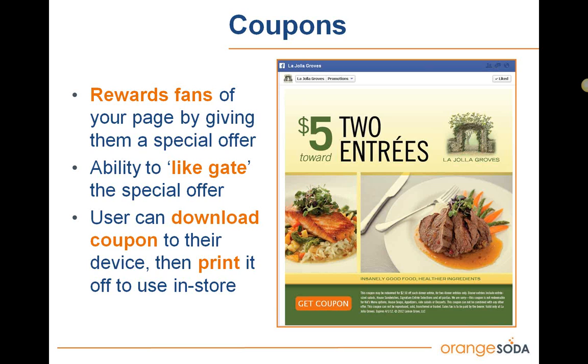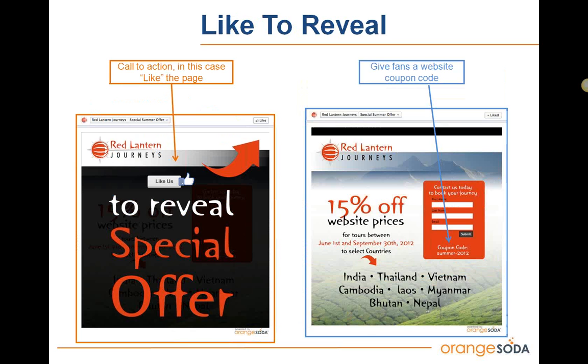But basically, the image that they see before they like the page is different than what they see after they like the page. And once they do like the page and see this offer, they can click on this Get Coupon button, and it will download to their computer, and then they can print it out and bring it into your restaurant or to your store and receive that special offer.